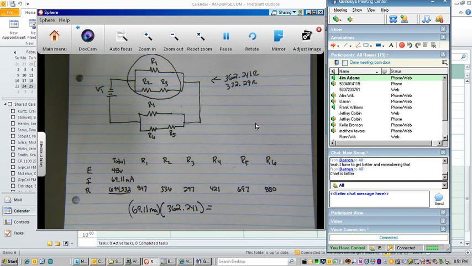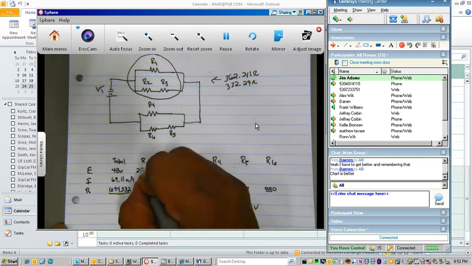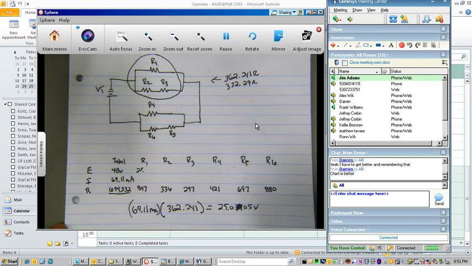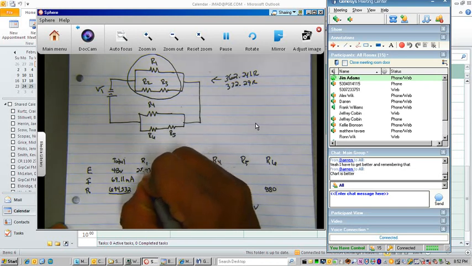So if we take our total current, 69.11 milliamps, times 362.241 ohms, it gives us a voltage of 25.035 volts. Okay? So this branch here has a total voltage of 25 volts.